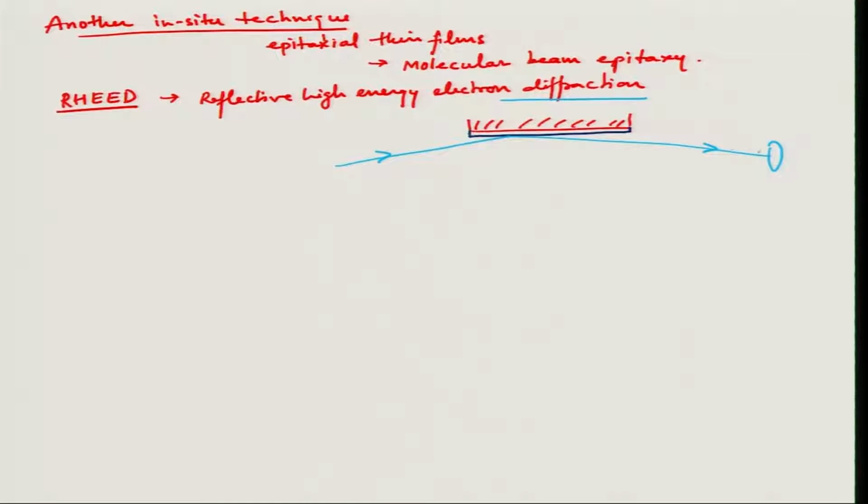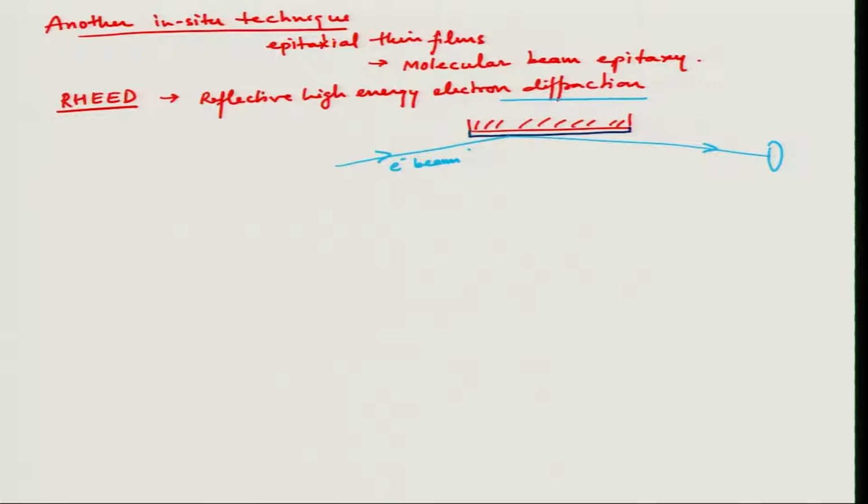Okay, so based on this electron beam, you can determine how many monolayers are being deposited, and you can stop the process after your desired number of atomic layers or molecular layers are deposited, and so in this way you can measure the thickness of the film and control the thickness of the film in situ while you are depositing this film.